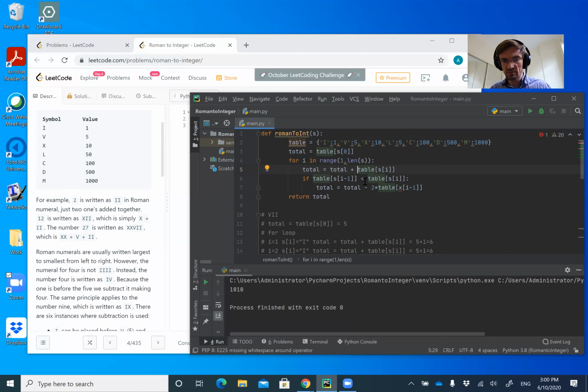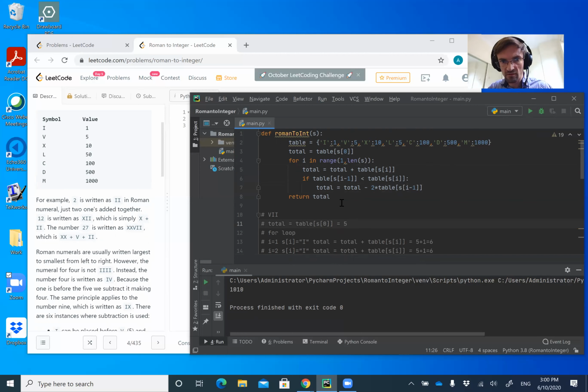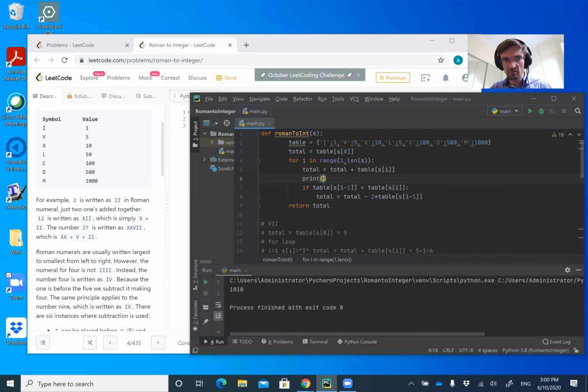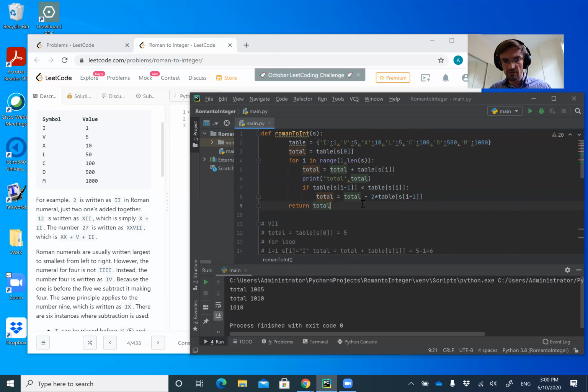The previous is smaller than current. There's an S missing.